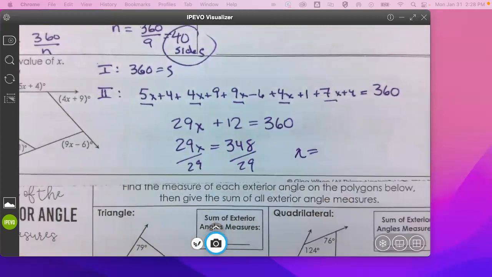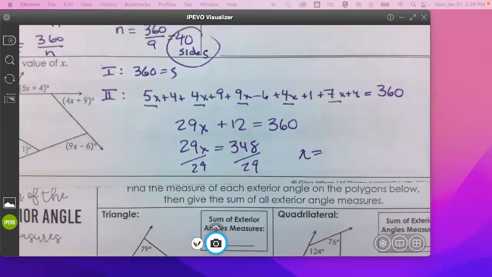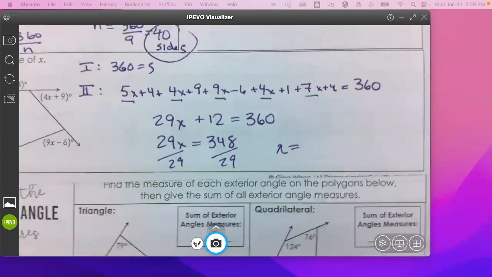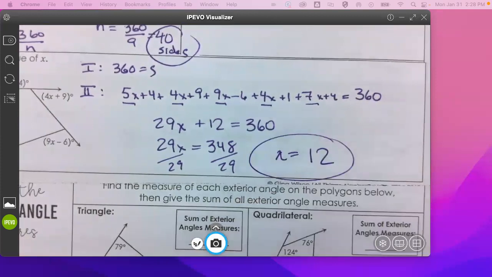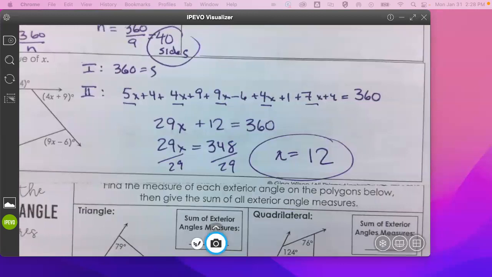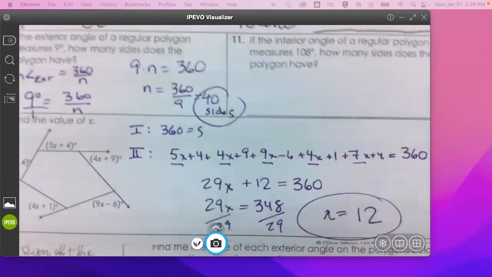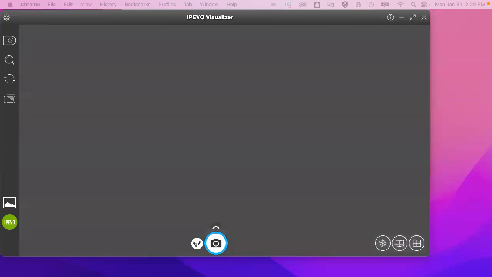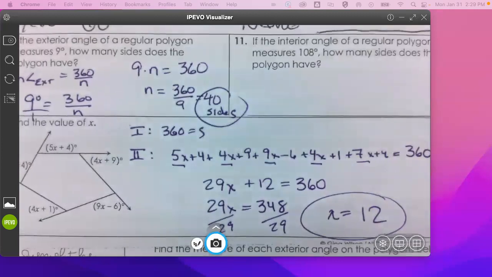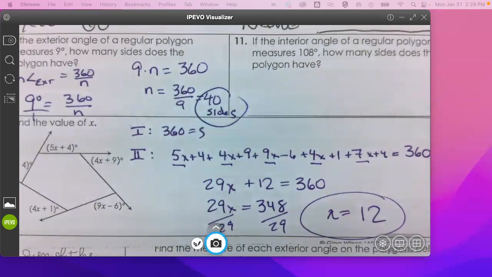And just got a calculator there. 348 divided by 29, you get 12. So x is equal to 12 in this case. This part of the unit is very algebraic, isn't it? Just make sure you set up the right equation. You've got to use the right equation to start with and solve as necessary.